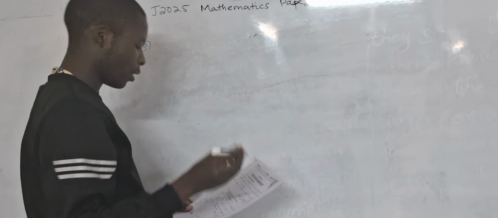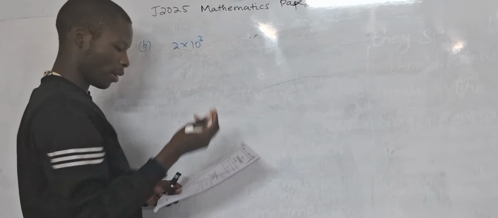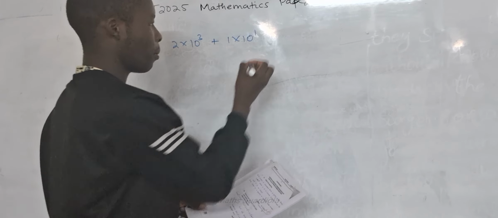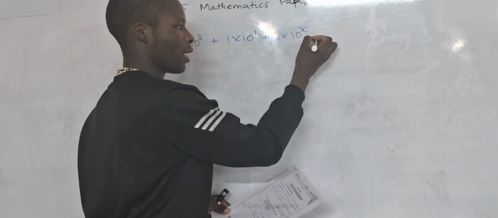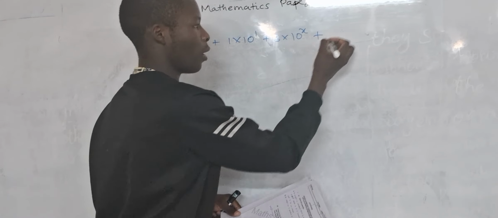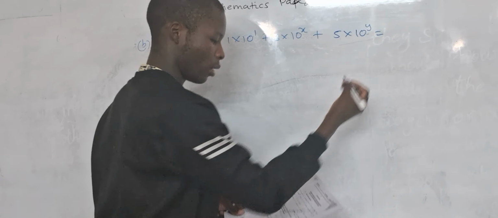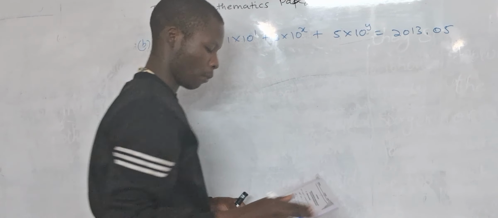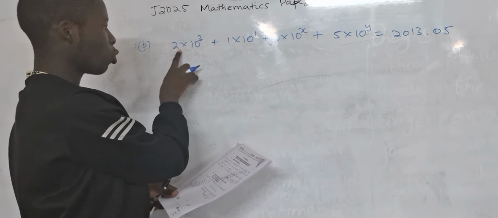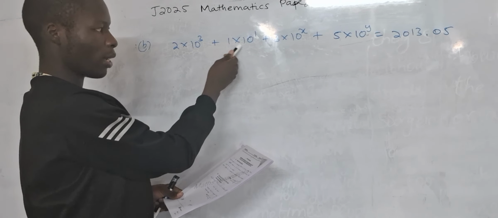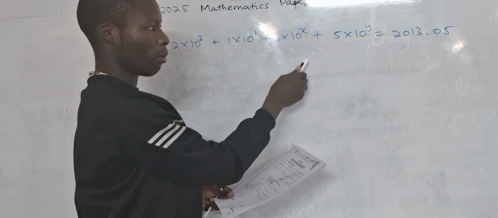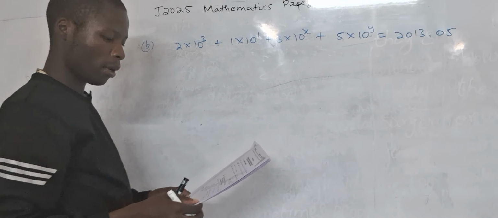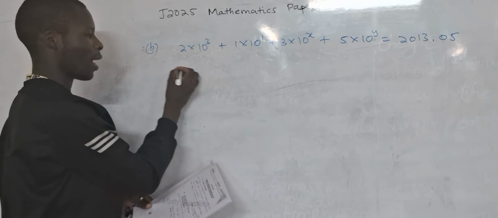It is given that 2 times 10 to the power 3 plus 1 times 10 to the power 1 plus 3 times 10 to the power x plus 5 times 10 to the power y is equal to 2013.05, where x and y are integers.